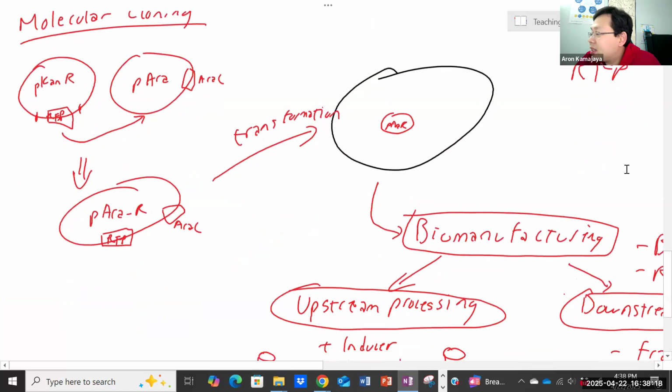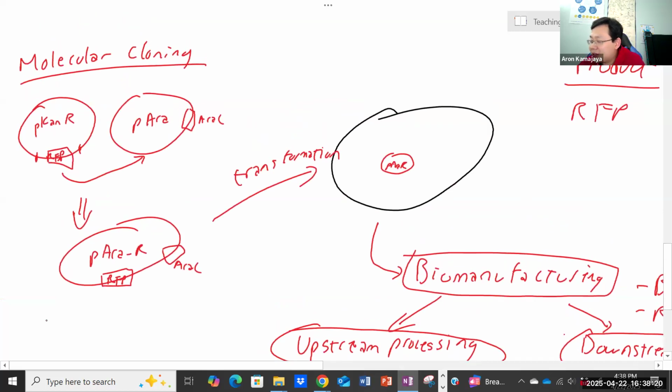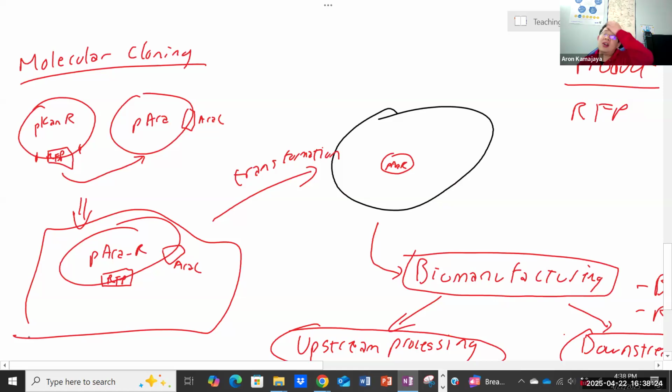Okay, so for us, we are now over here. So you have your plasmid right here. Now we will be in the process of putting it in the cell, which is going to be next week. We're going to discuss the detail of this process called transformation next Tuesday.